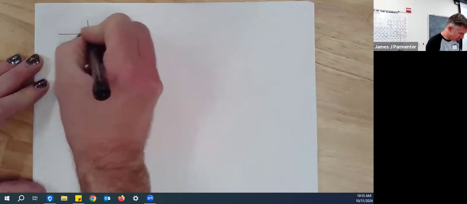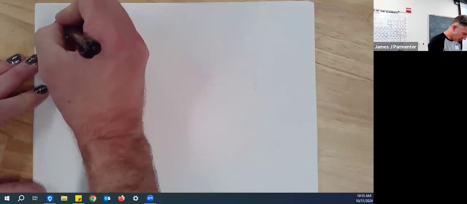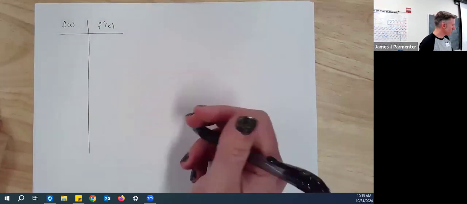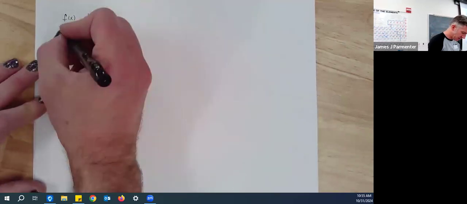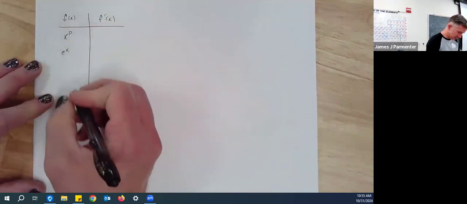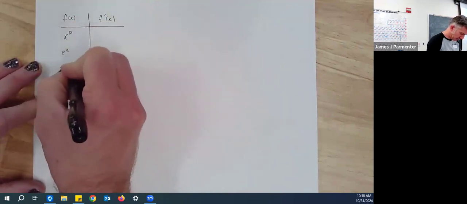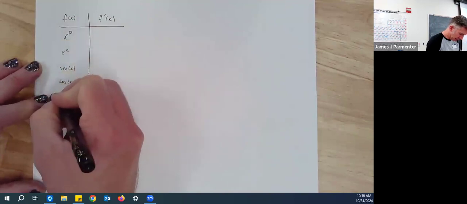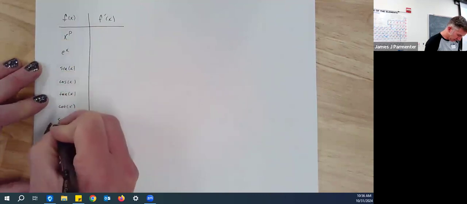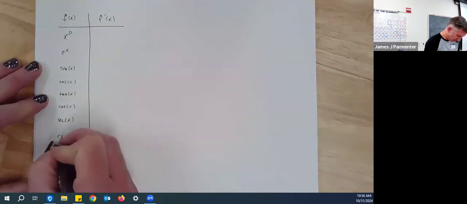Our rules for differentiating, our function and our derivative. Here are the basic functions we know how to take the derivative of: x to a power, e to the x, sine of x, cosine of x, tangent of x, cotangent of x, secant of x, cosecant of x.